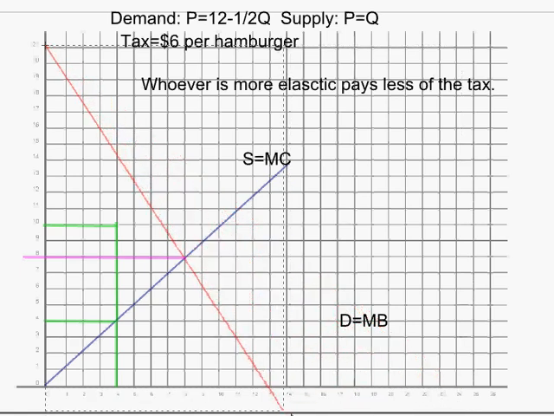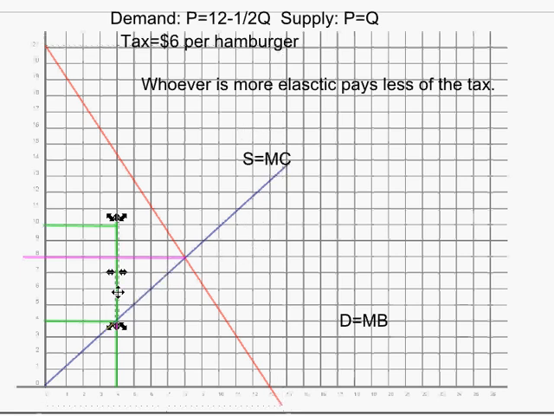I'll make the equilibrium price the same, 8. But now this demand curve has a much steeper slope. It looks like it's somewhere around -2, but not quite. And so the approximately -2 slope is steeper than the slope of the supply curve, which is +1.